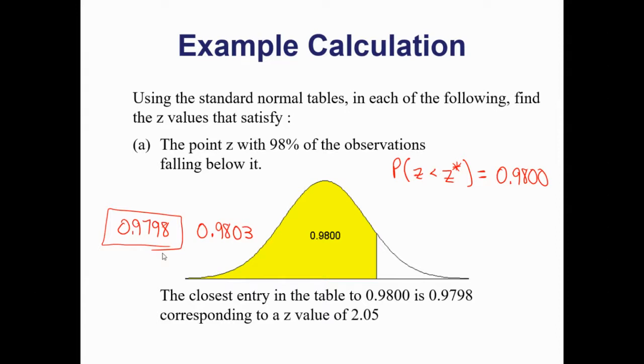What value gives us that probability? 2.05. That's what it says down here. The corresponding z value of 2.05.